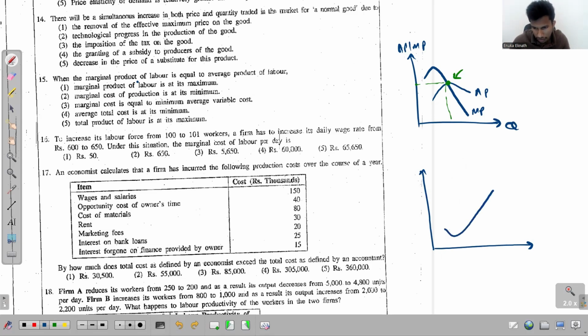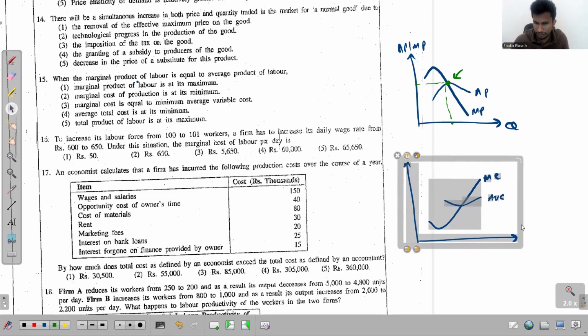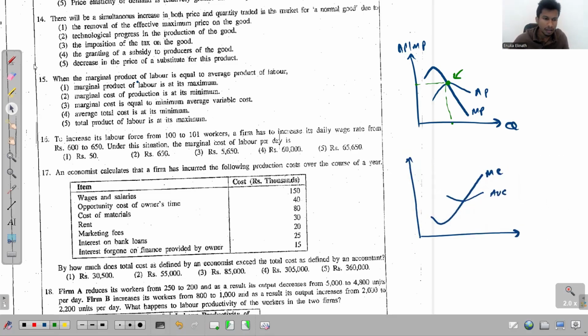So the upside down reflection. Let's assume this to be the marginal cost curve. And the upside down reflection of this average product curve is the average variable cost curve. So when these two become equal to each other, from the other side, even the marginal cost becomes equal to the average variable cost.